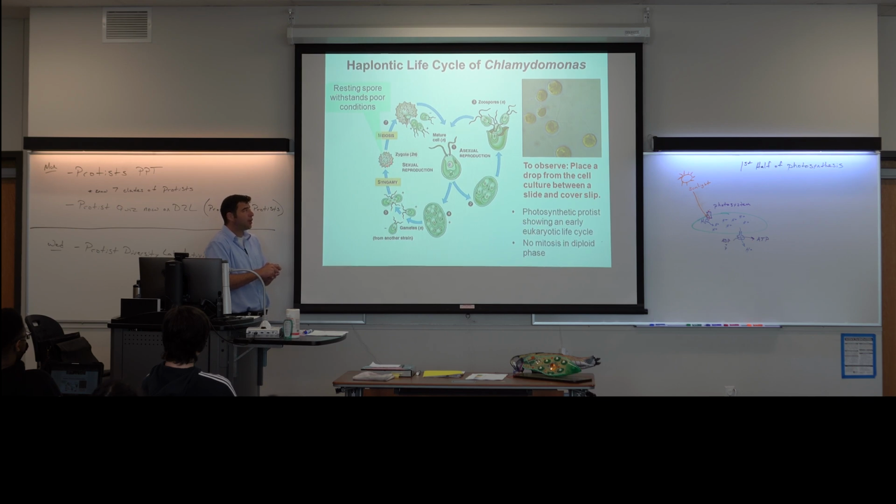And as the pond is dry, they kind of wait out those tough conditions in this single diploid cell is what I'm trying to say. What we call the very first diploid cell, that first diploid cell is called a zygote.